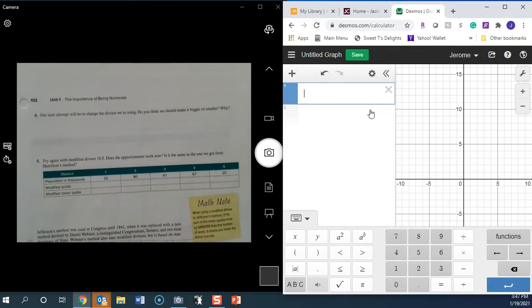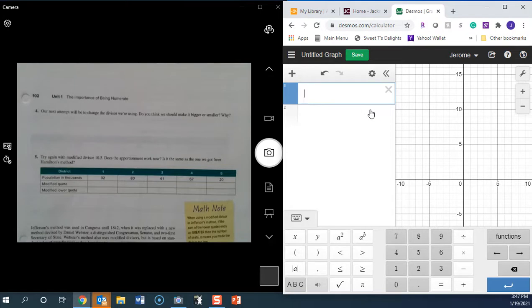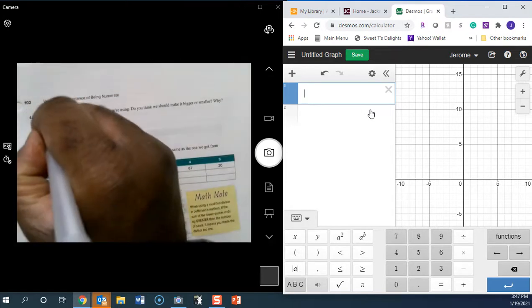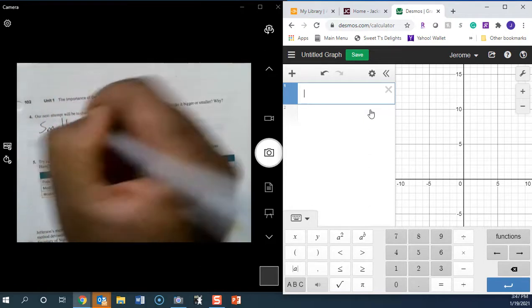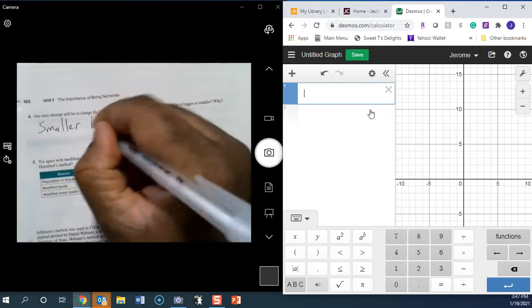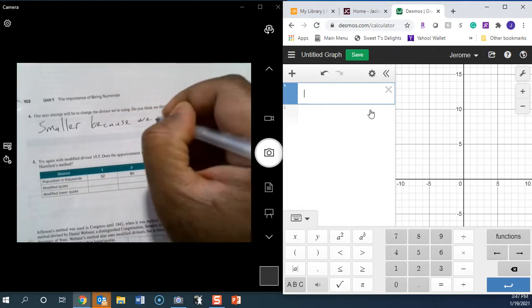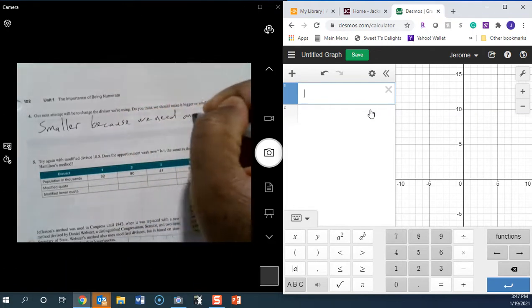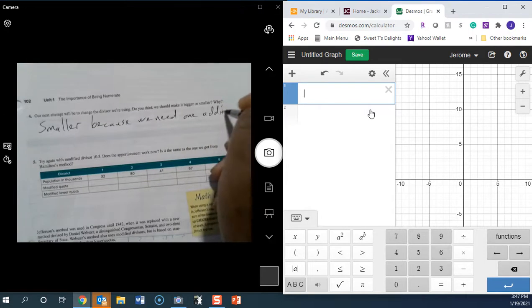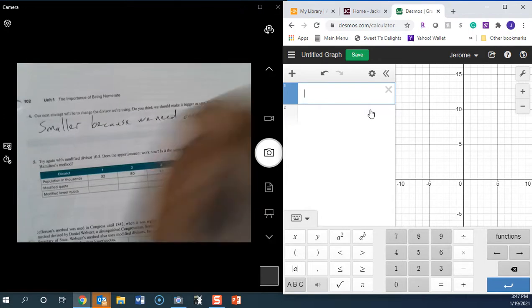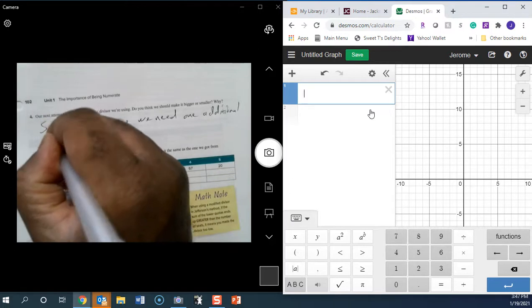Do you think we should make it bigger or smaller? Why? Now, we should make it smaller because we still need one additional seat.